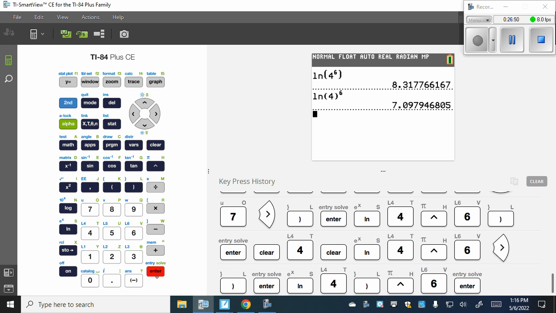So when you get to these and it says evaluate, type it in exactly as you see it. So for the one we want, 8.318.